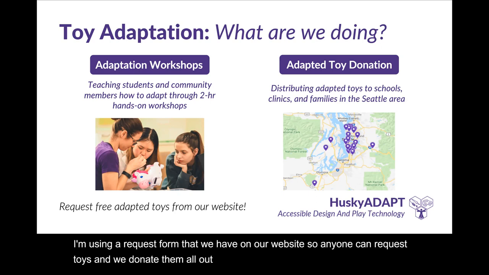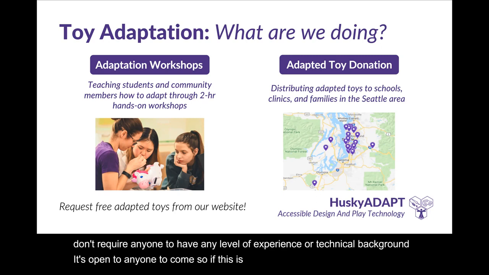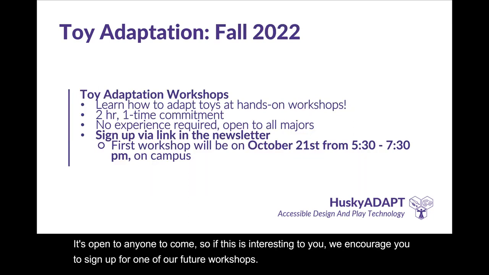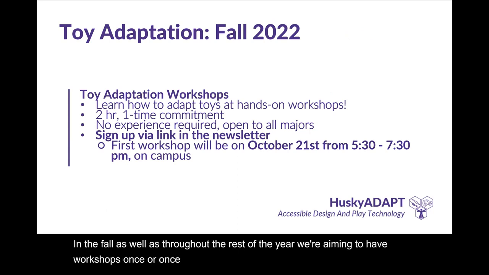For getting involved in toy adaptation, we don't require anyone to have any level of experience or technical background. It's open to anyone. So if this is interesting to you, we encourage you to sign up for one of our future workshops. In the fall, as well as throughout the rest of the year, we're aiming to have workshops once every 2 to 3 weeks.